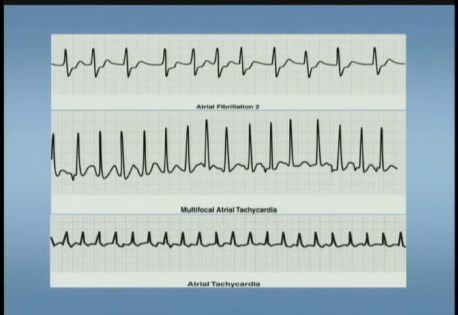The second line is multifocal atrial tachycardia, and these have three different morphologies of P waves. This is more commonly seen in people with COPD. And the last one is more of an SVT, atrial tachycardia, that should be pretty regular. It is the most likely thing that the 28-year-old in the previous case has.